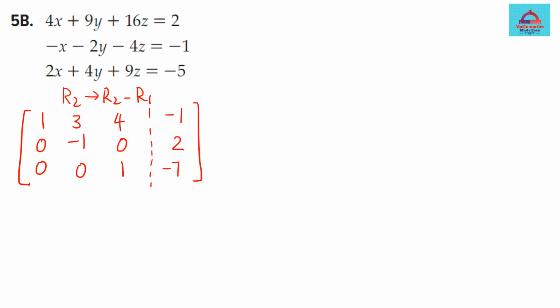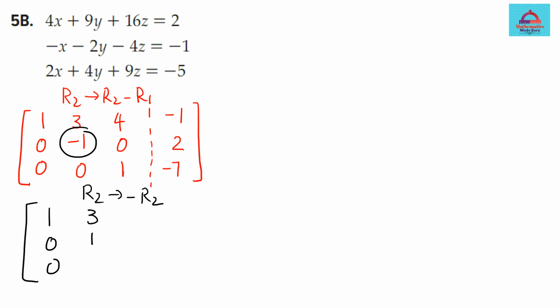Now, what else do we want to do? We want this middle row to have all positive sign, this number to be 1. So I'm going to apply the next operation. R2 becomes minus R2. I change the sign so that this term becomes positive. So 1 0 0, 3 1 0, 4 0 1, and the first row and the third row are the same, only a change in sign for the second row.